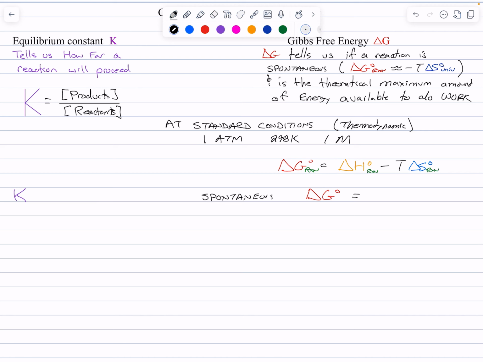For a reaction to be spontaneous, K must be greater than 1 and delta G needs to be negative.